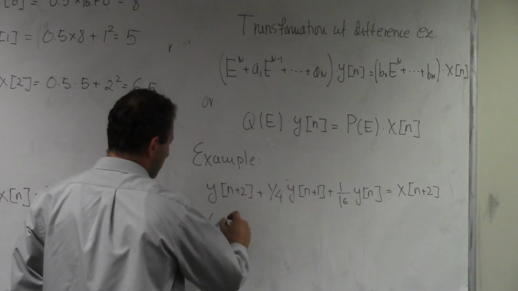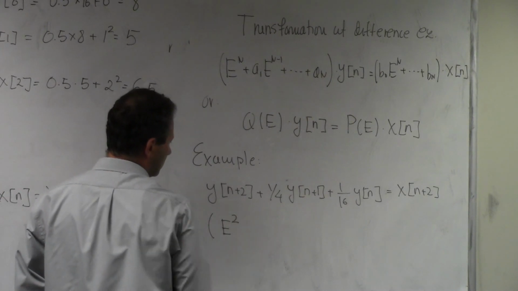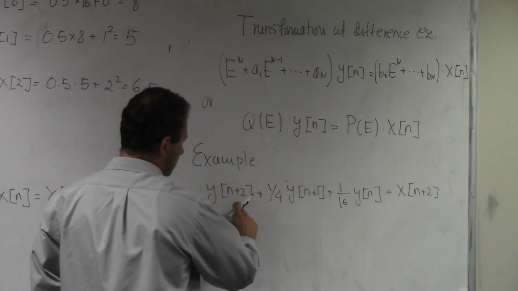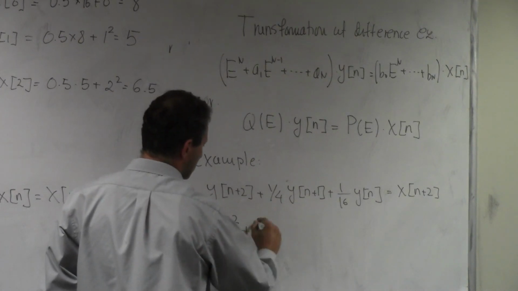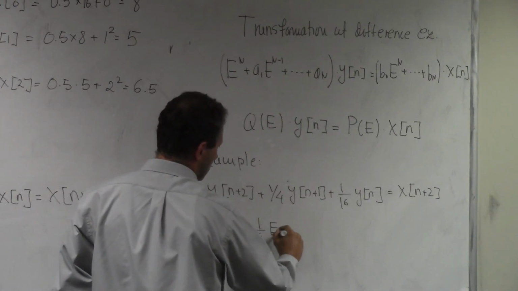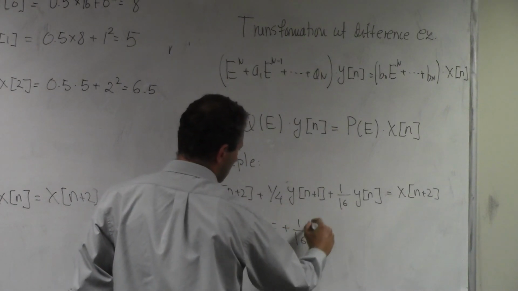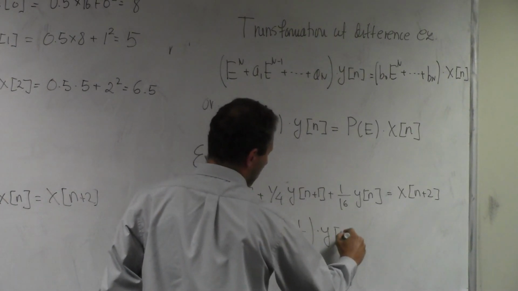Then if I rewrite this using operators, this is E squared, because it's a 2 shift relative to y[n], plus 1/4 E plus 1/16, all operating on y[n].